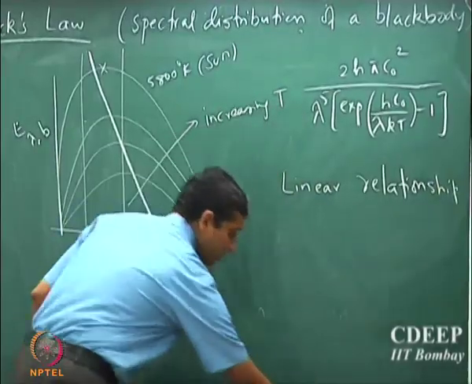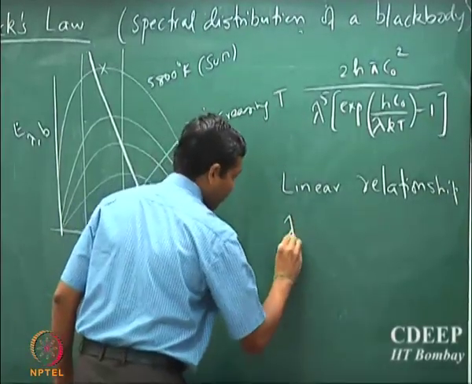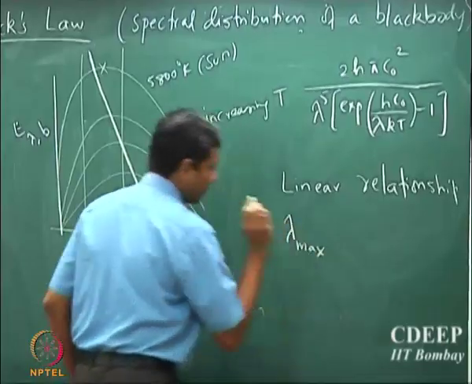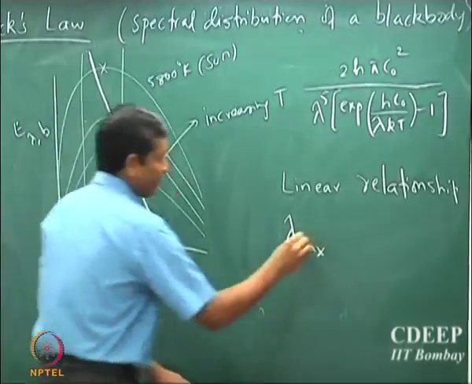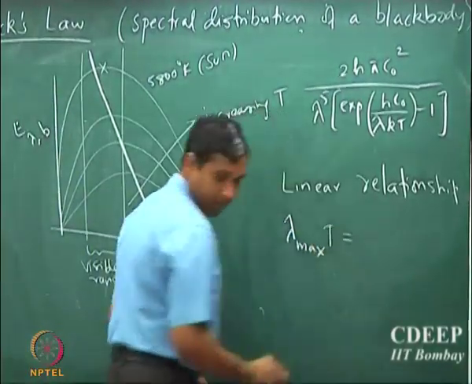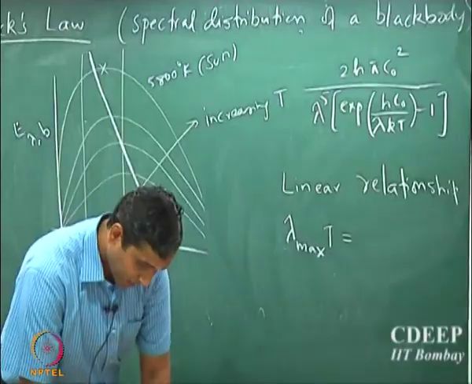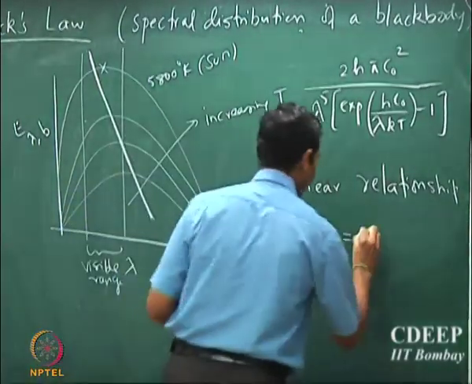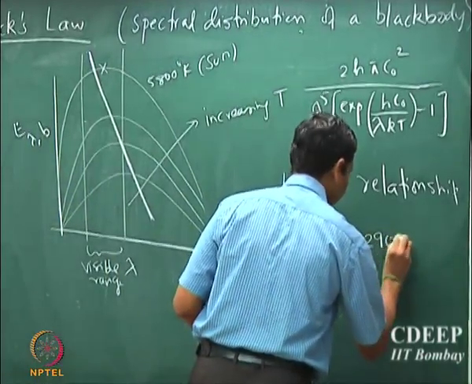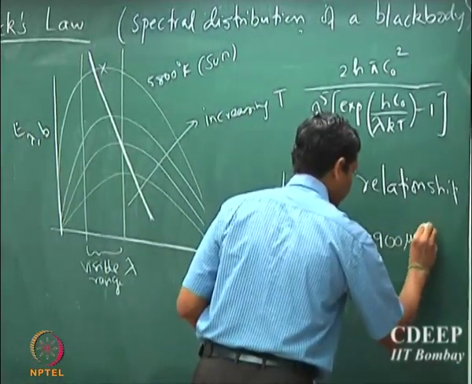That is the lambda max, which is the maximum intensity wavelength, multiplied by temperature. So that is a constant. In fact, I will show you how to derive this. It's about 2900 micrometer Kelvin.